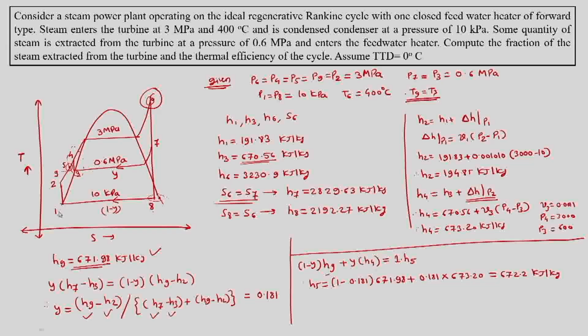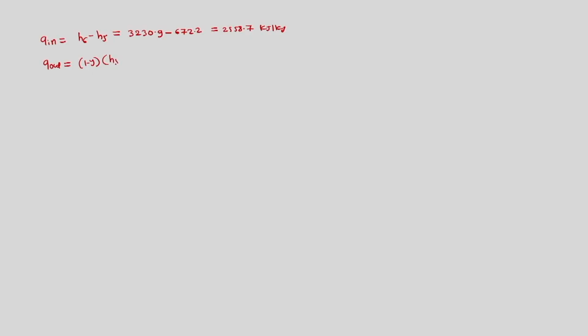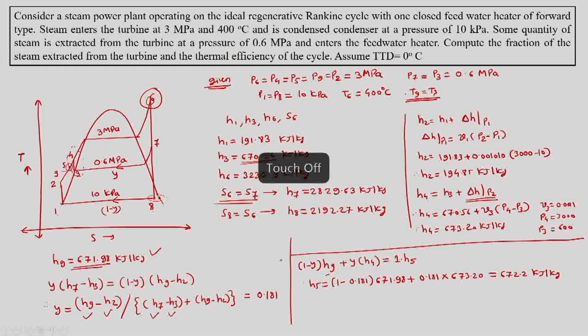2558.7 kilojoule per kg. We also need to find out Q out, which is 1 minus y into H8 minus H1. So, it is 1 minus 0.181 into H8, which is 2192.27, minus 191.83. We found out H8 here using the matching of H6 is equal to H8.